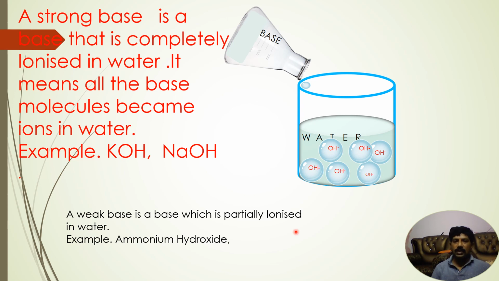So that one is considered as a weak base. A strong base is a base which is completely ionized in water, and a weak base is a base which is partially ionized in water. Examples for strong bases: potassium hydroxide and sodium hydroxide. An example for weak base is ammonium hydroxide.